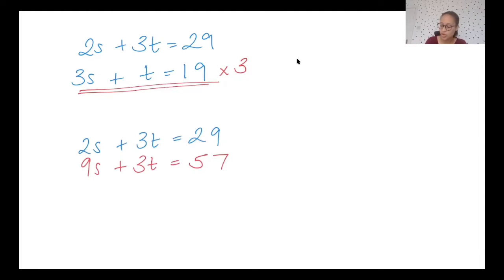Now that the number of tops is the same, I know that any difference in the price must be due to the extra shirts that we have. Okay, so the difference in the price is £28. So I'm actually taking one equation away from the other. I don't want to get too caught up in the algebra, but I'll show you how to do it.